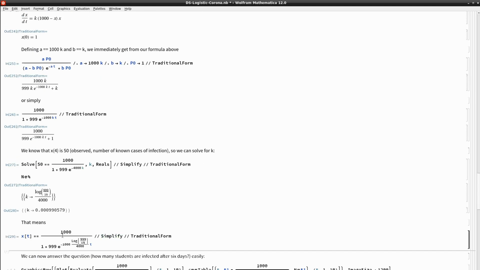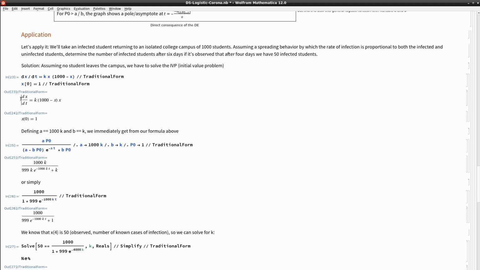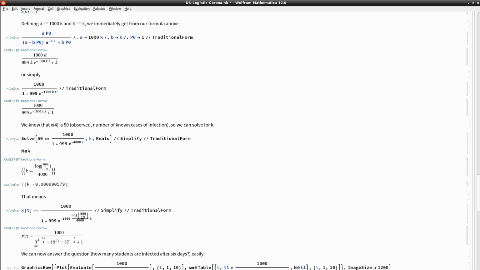And that means, after further simplification, that we have this law, this formula for the number of infected students, x of t. We finally have our x of t as a solution with the formula. Up here, we only had it as a differential, we only had it as a growth rate. Now we have solved it, we have x of t on the left hand side.